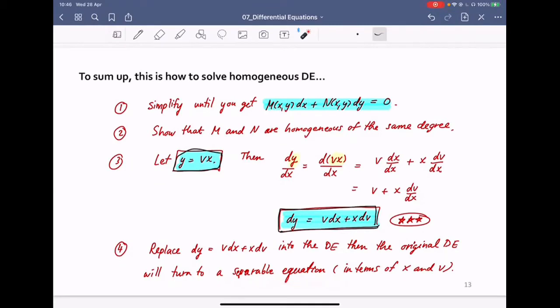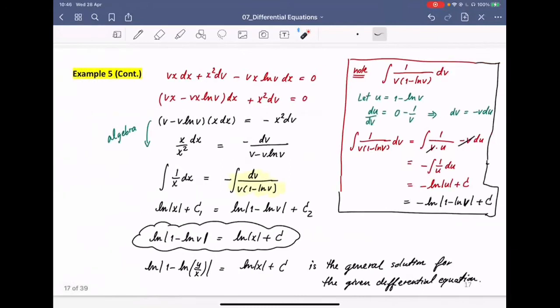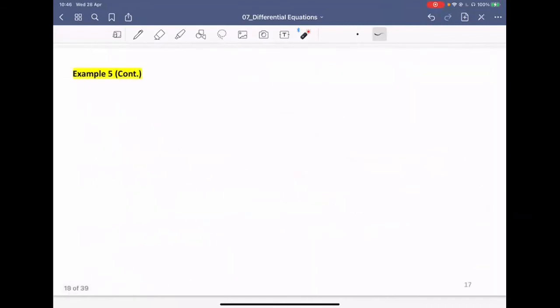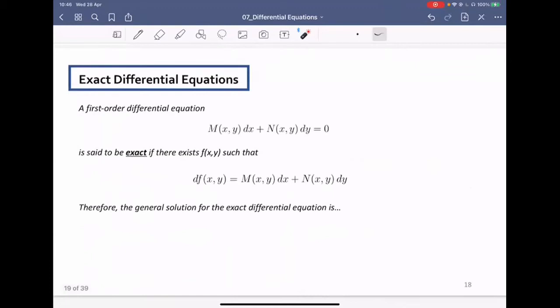Okay, sounds good. All right, we're going to have a break first. We're going to come back at 10:55, and then when we come back, we're going to learn another one, exact differential equation. That would be the plan for today. When we come back at 10:55, I will also give you some announcement about the final exam.